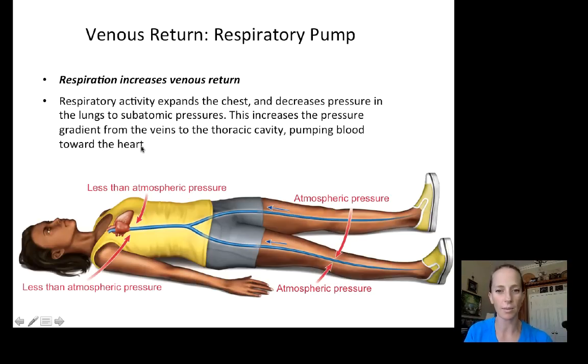We'll learn about this a little bit more when we talk about ventilation, but suffice to say that the changes during breathing cause a pressure gradient that pumps blood and returns blood to the heart. So more breathing, more expansion and retraction of the chest causes increased venous return.